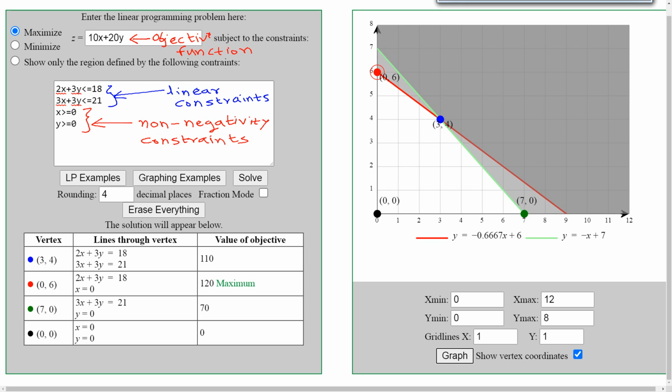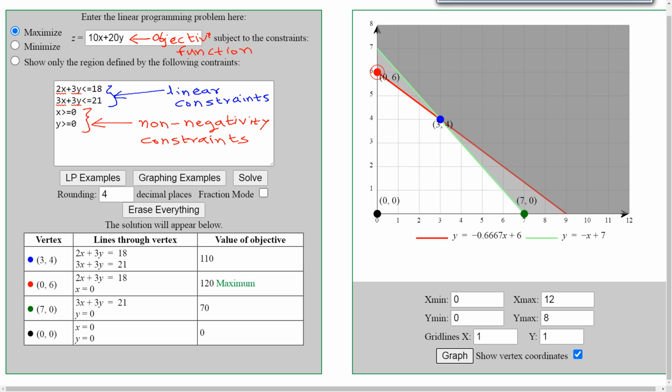So while shading or determining the feasible region, remember that we have to restrict ourselves to the first quadrant only. The solution of an LPP will not be in the second, third or fourth quadrant due to non-negativity constraints.